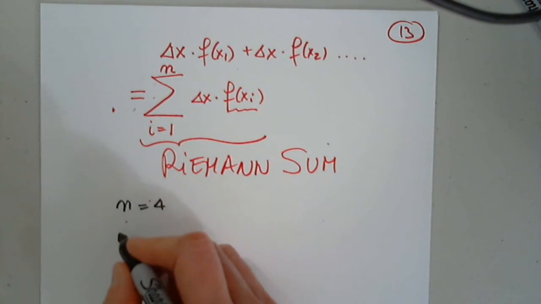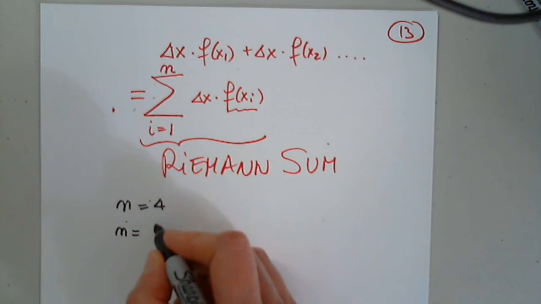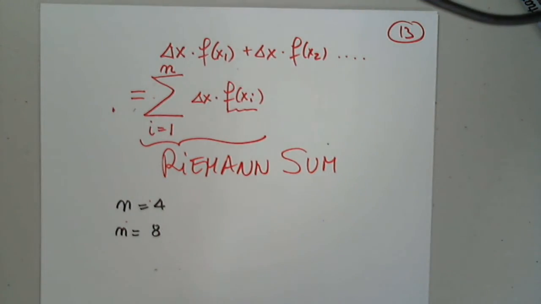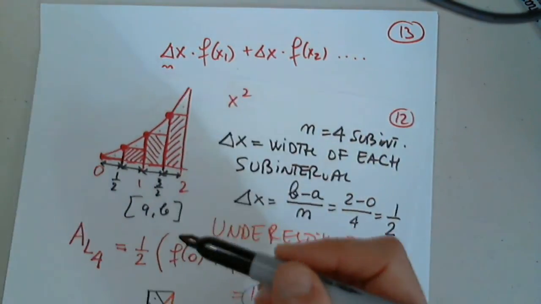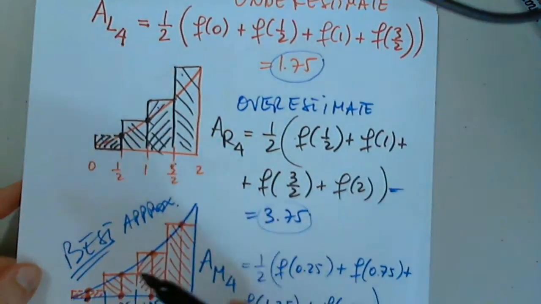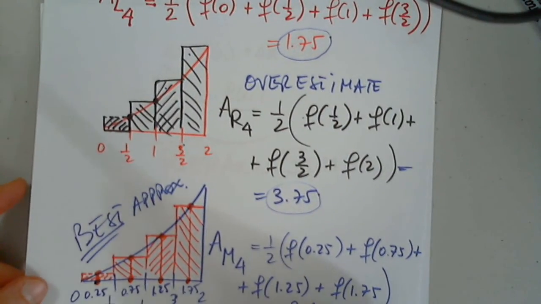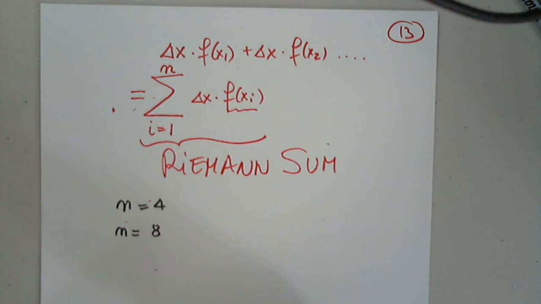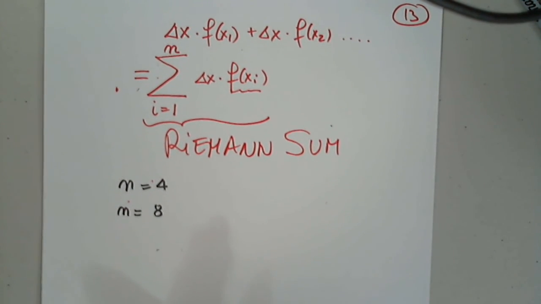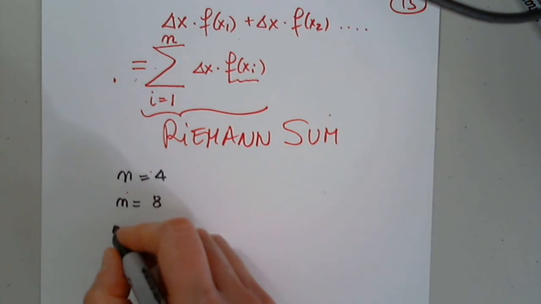I'm asking you now, what if I use, let's say, 8 subintervals instead of 4? Will these approximations, if you want, will the midpoint be a better approximation, closer to the exact, yes or no? Definitely yes. Perfect, of course.